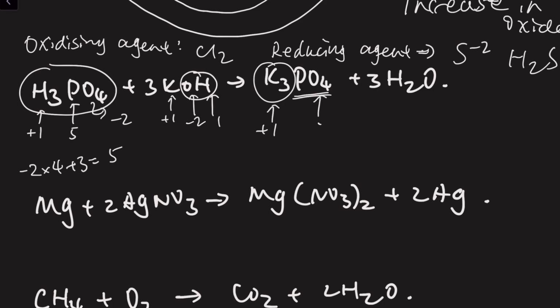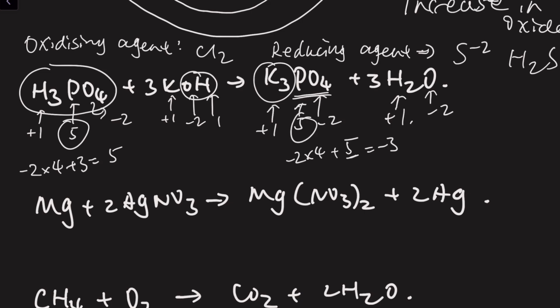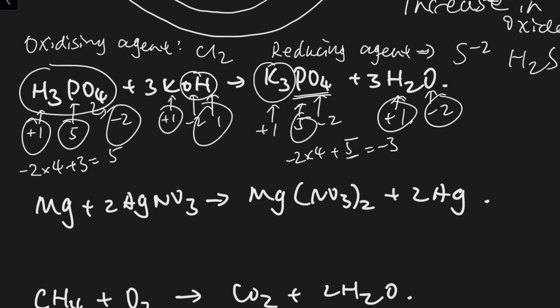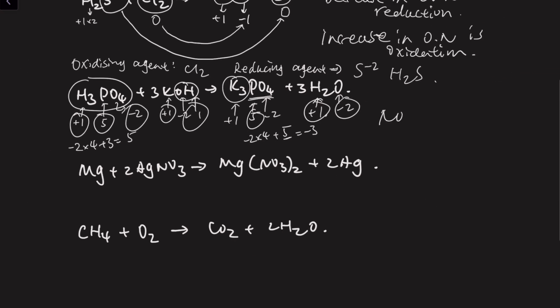So oxygen is -2 plus something is equal to -3, and this something must be 5. Oxygen -2, hydrogen +1. So as you can see, the oxidation number is not changing. So this is not a redox reaction.